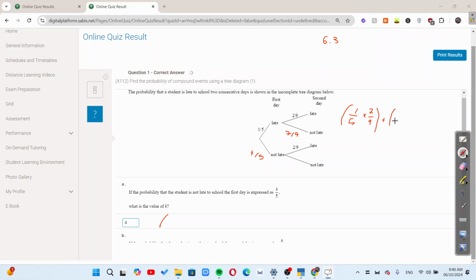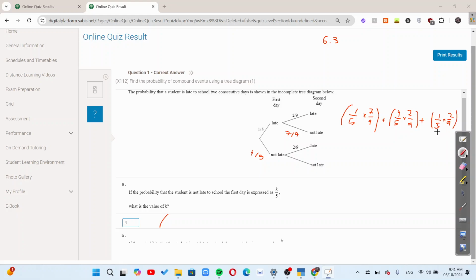So 4 over 5 times 2 over 9, plus the probability of late, late, which is 1 over 5 times 2 over 9.